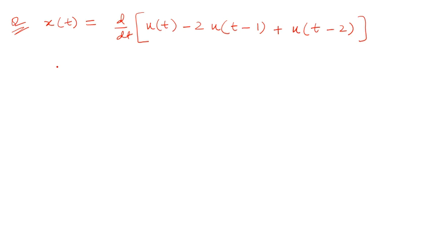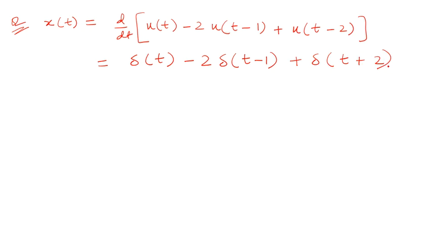Again, just by differentiating the unit step signal, what you will get is an impulse signal. So this can now be directly written as δ(t) − 2δ(t−1) plus δ(t−2). I'm sorry, this will be t minus 2.